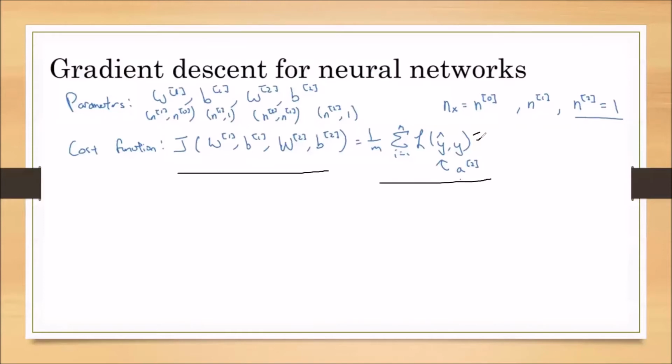We already discussed this loss function is equal to minus y log y cap plus 1 minus y log 1 minus y cap. Now we want to add all these loss functions for the m training samples. That is combinedly called the cost function.